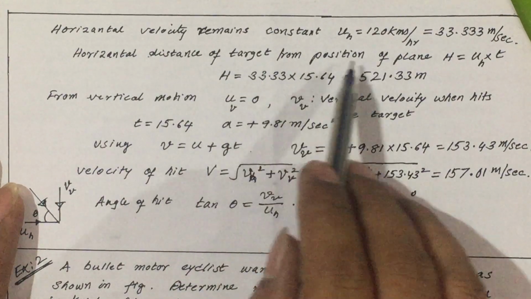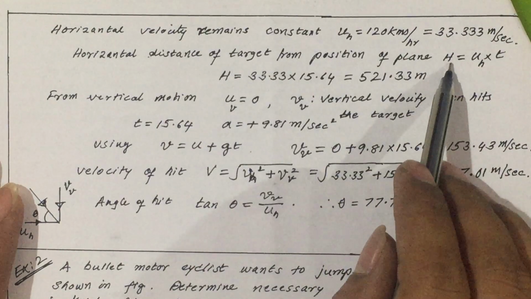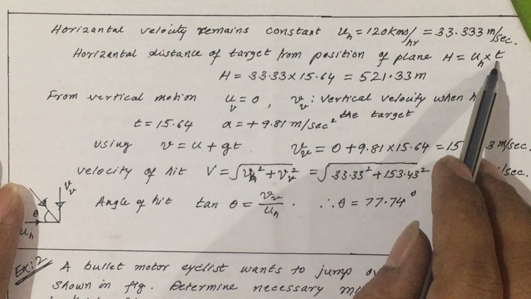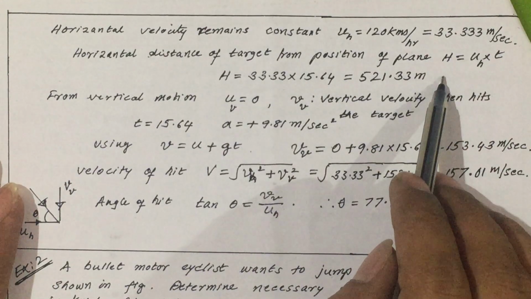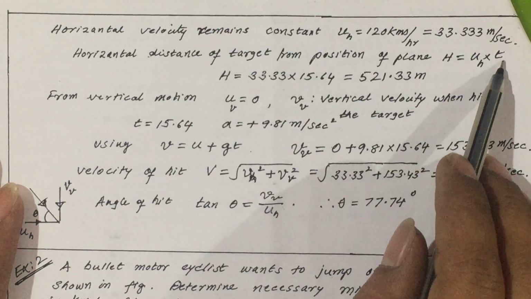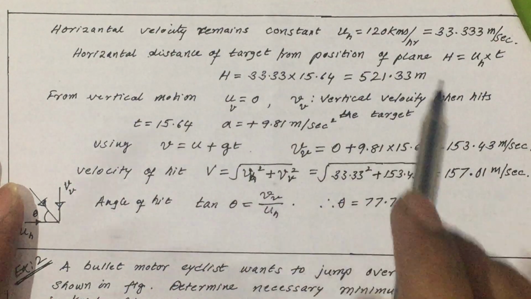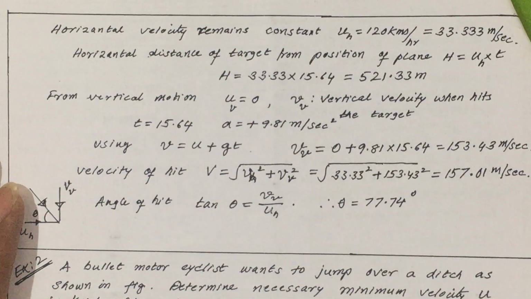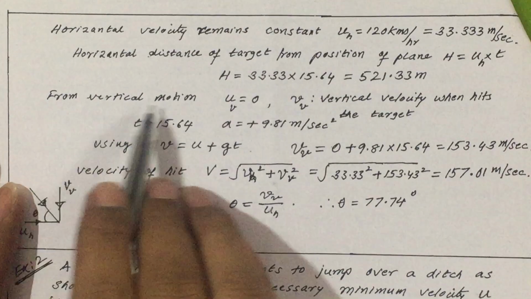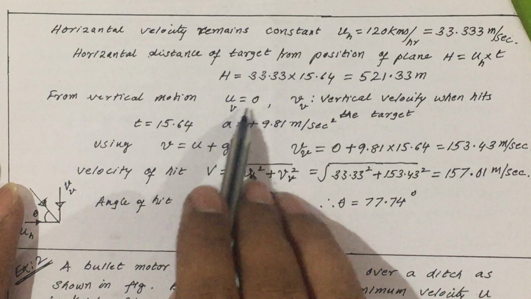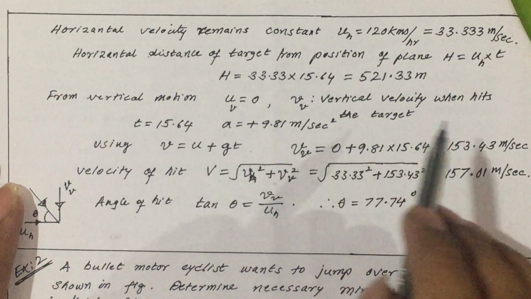Horizontal distance of the target from the position of the plane, that is h, is given by u into t. We know that velocity is equal to distance by time, or distance is equal to velocity into time. So, horizontal range you are going to get it as 521.33 meters.